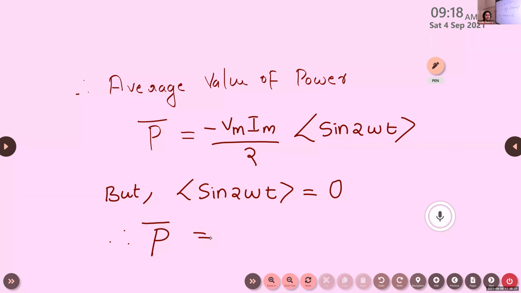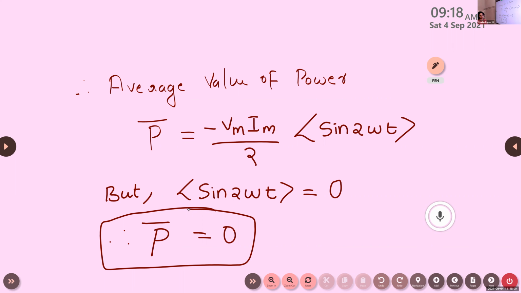Then what is the average value of power P bar? 0. So in the case of AC voltage through inductor, the average value of power is equal to 0. So that's all about the average value of AC voltage through inductor.